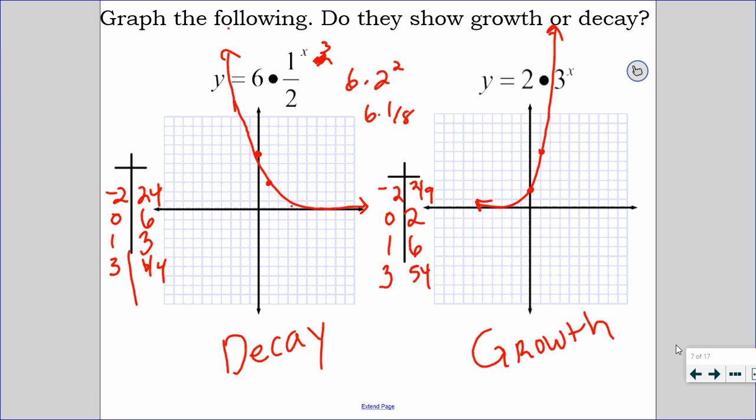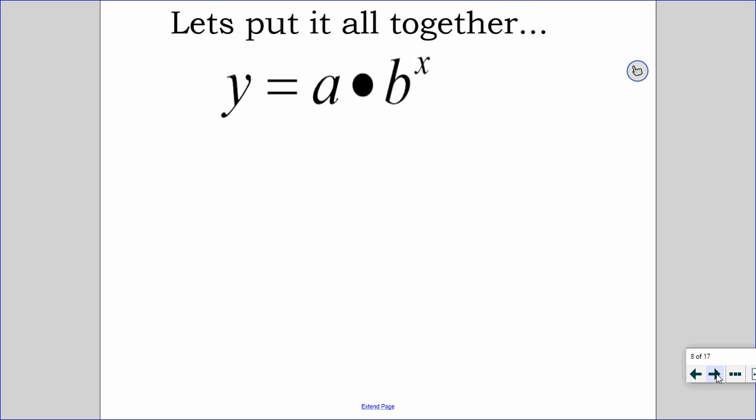You had -2, you got 2/9. We had 3, you got 54. So that's a growth. Anytime you have a function, you can put some points. But in general, (0, a) will be your y-intercept.